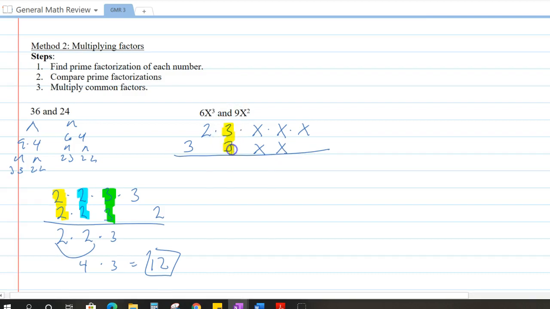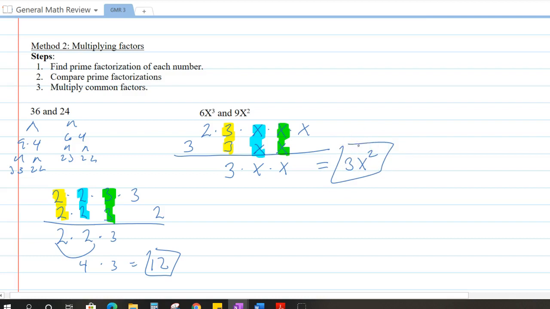I have one set of 3s, I have one set of x's, and I have a second set of x's that are all like. I'm going to bring those down. That would give me a 3 times x times x. Well, x times x is x squared. So my greatest common factor of those two algebraic expressions would be 3x squared.